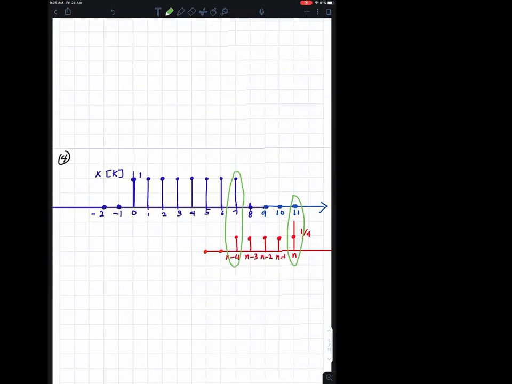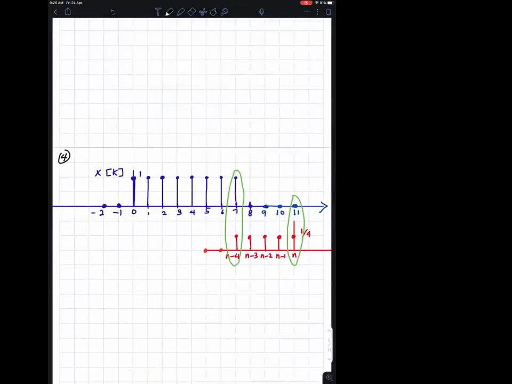So in this case, the k is going to be n. What is the range for n? 7 to 11.